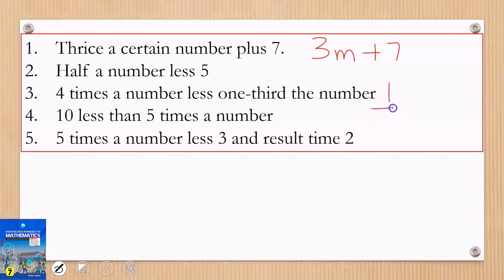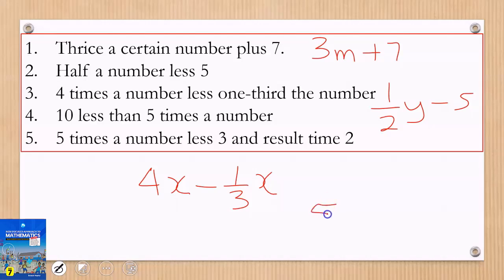I don't know the number, so let me represent it by y, less 5, so I'll write it this way. 4 times a number less 1/3 the number, so that means the same number, so I'll do it this way. 10 less than 5 times a number. Look at this one, care ought to be taken. 10 less than 5 times a number will be written this way.